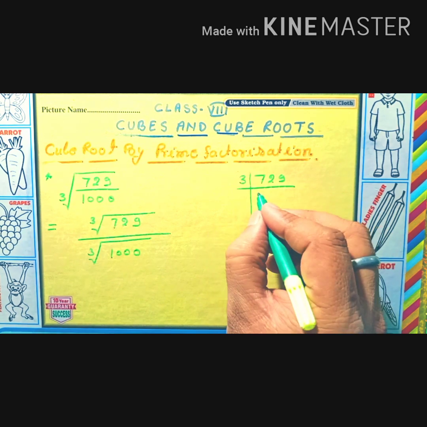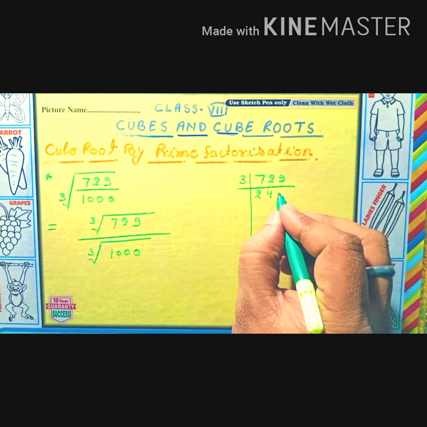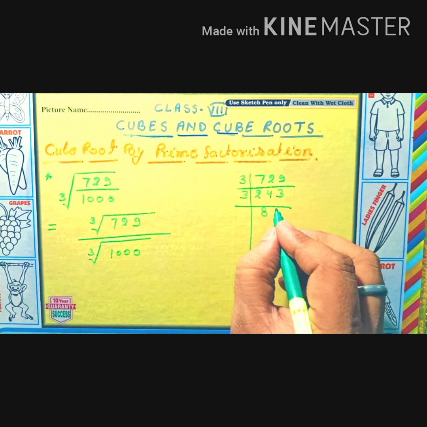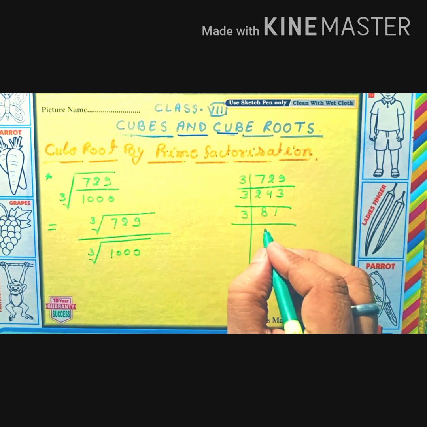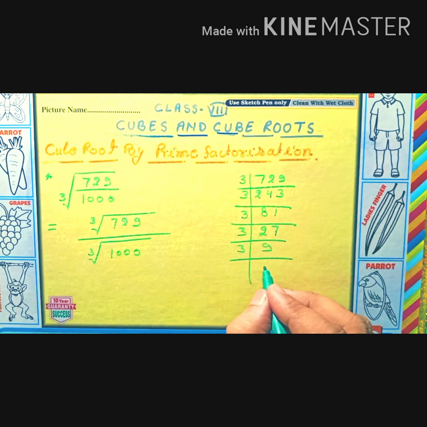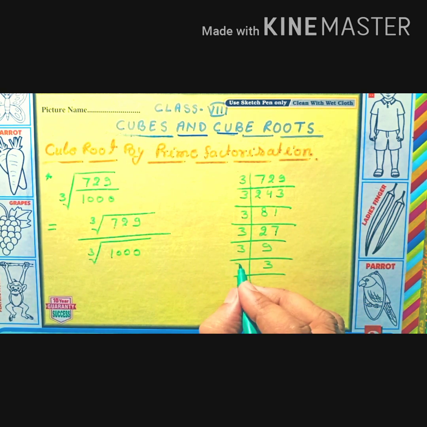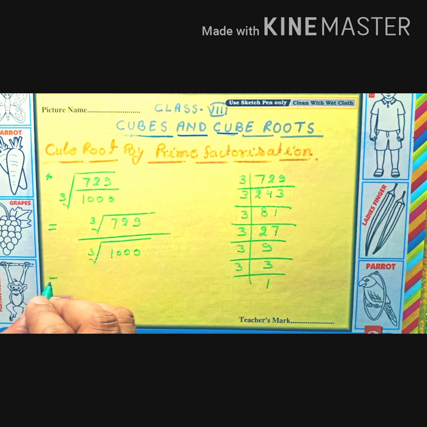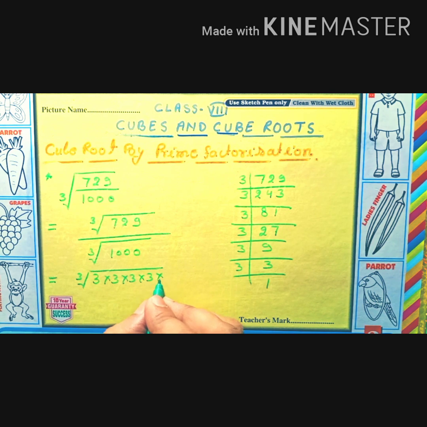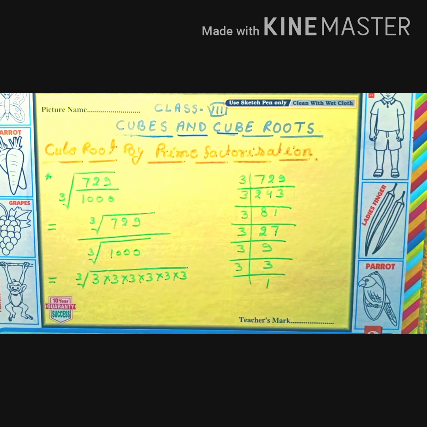We get 3, now 3, now 3, now that value is equal to 3 into 3 into 3 into 3 into 3 into 3.